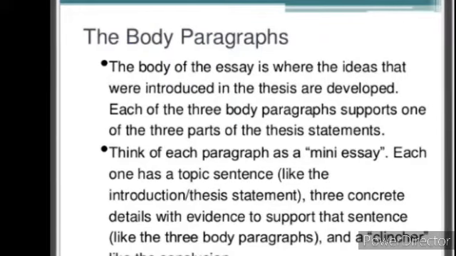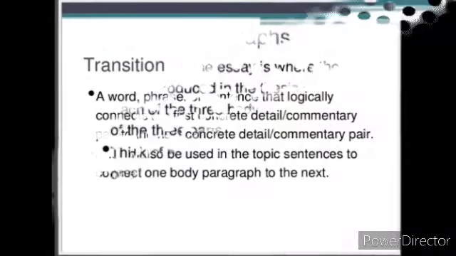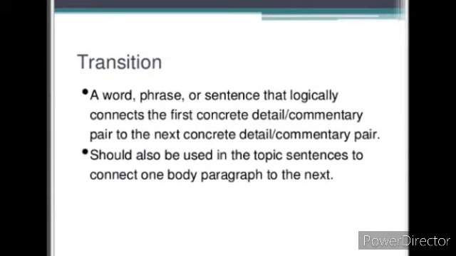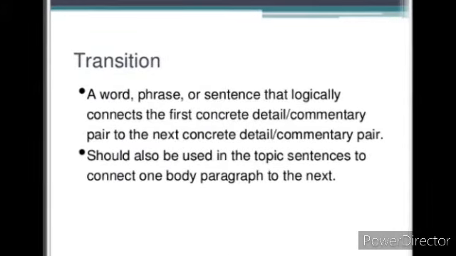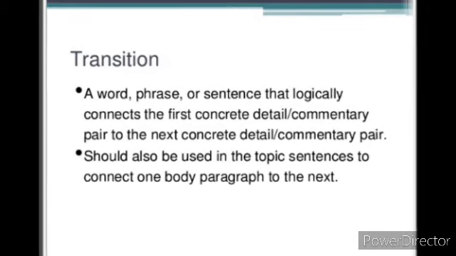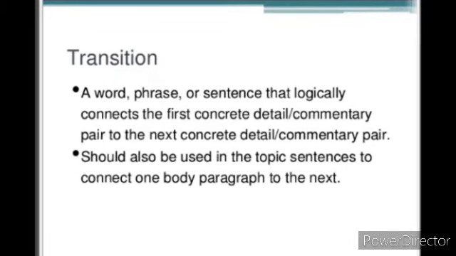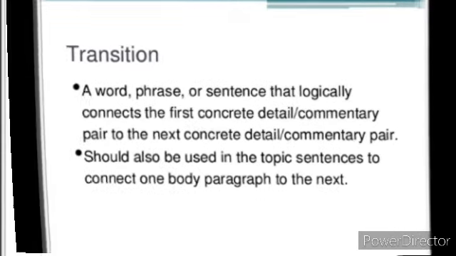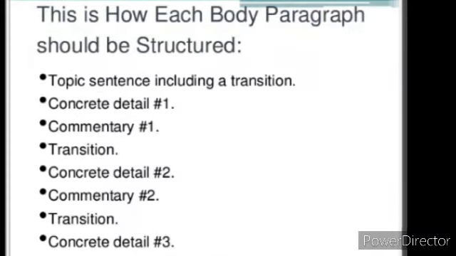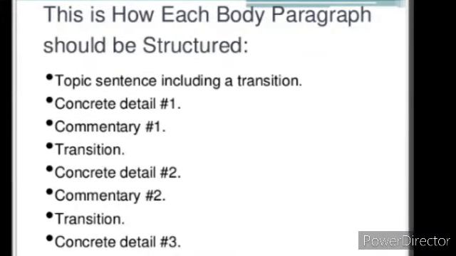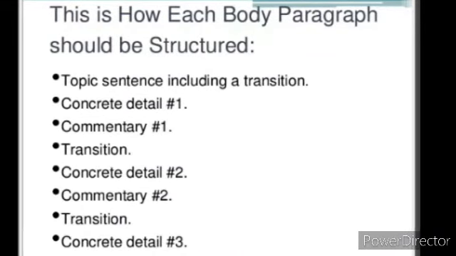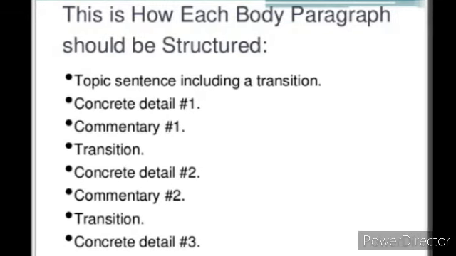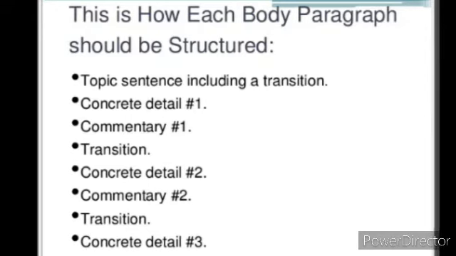I'm also going to give some description about the topic sentence. The topic sentence is usually the first sentence of the paragraph, and it includes a transition word, and it states the main idea and controls the focus of the paragraph, and also it is more general than the concrete details that follow.